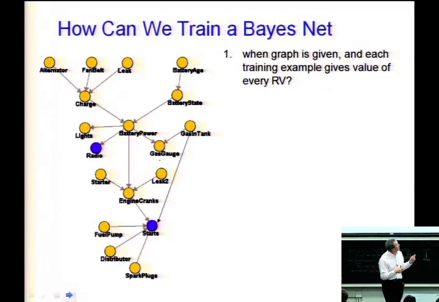We might assume that the graph is given. Let's assume the random variables are always given. So here's a collection of random variables. We could assume the easiest one of the 4 problems. We assume the graph is given, that commits us to a collection of conditional independence assumptions. The graph is given, and all the variables are observable.